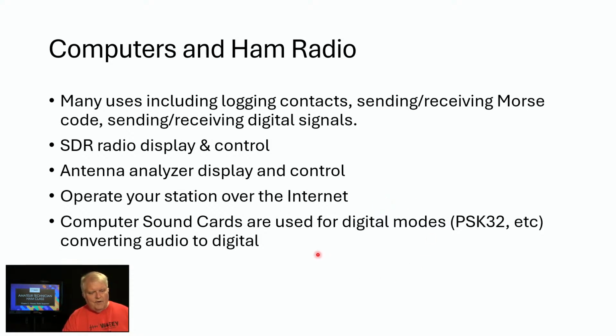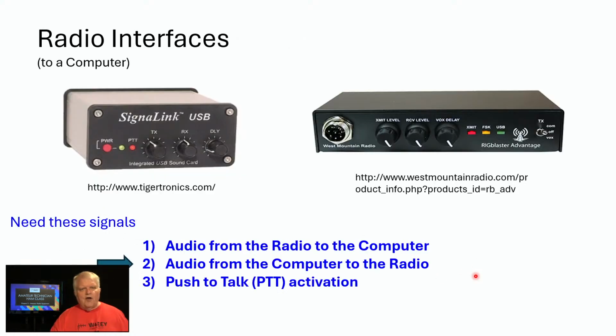And computer sound cards built into computers are used for digital modes such as PSK 31 and other signals as well. And some computers, if they don't have a built-in sound card, you might want to add a radio interface, which is kind of like a sound card in a box, but it also provides push-to-talk control, which is something that we need.